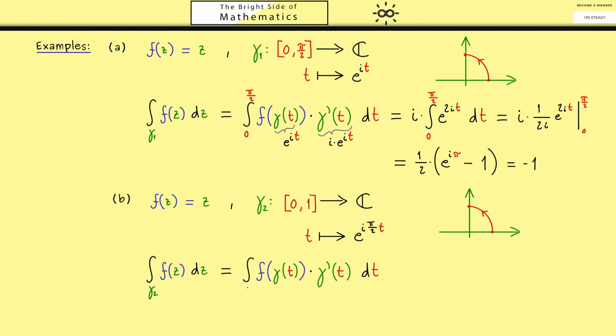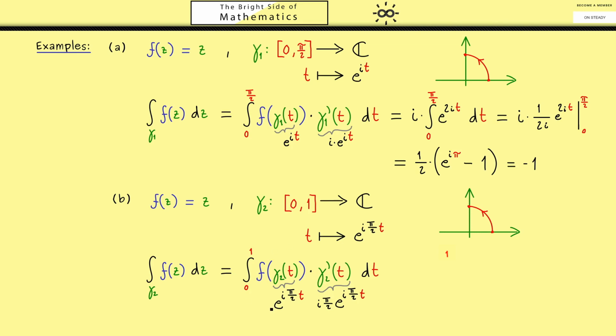This means that the integral looks the same, but now we integrate from 0 to 1. And moreover, before we have looked at the curve gamma 1 and now we look at the curve gamma 2. Now of course we don't change so much. This is still the curve given by e to the power I pi half t and this is the derivative. Now we have I times pi half in front.